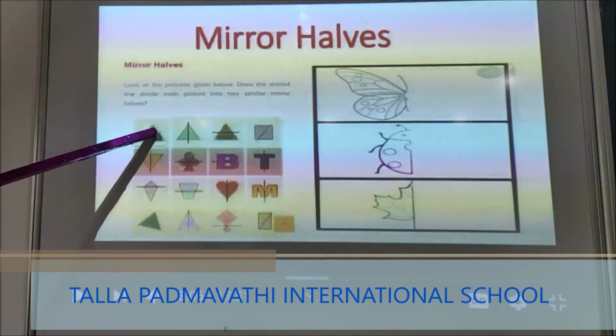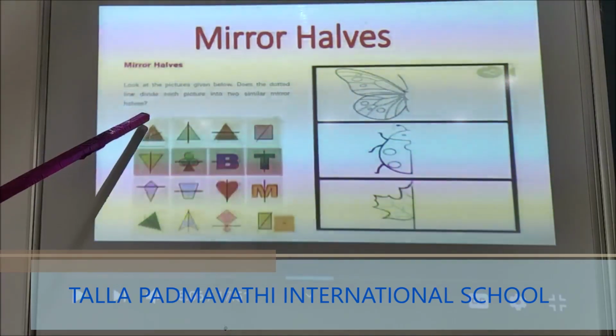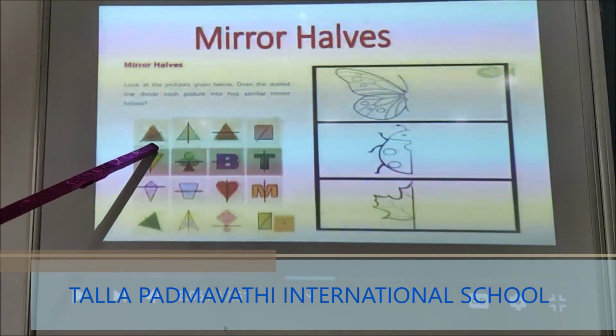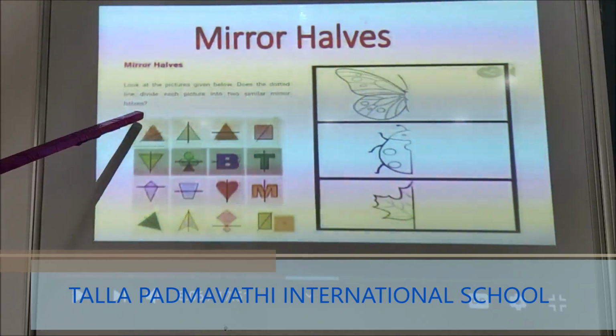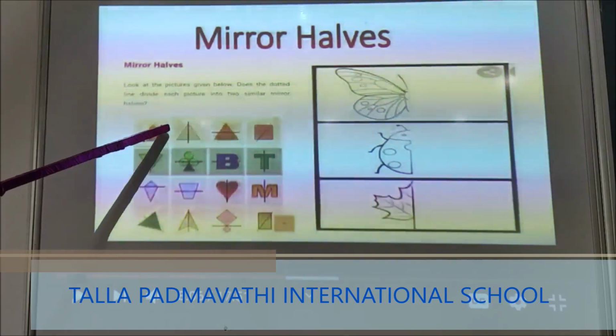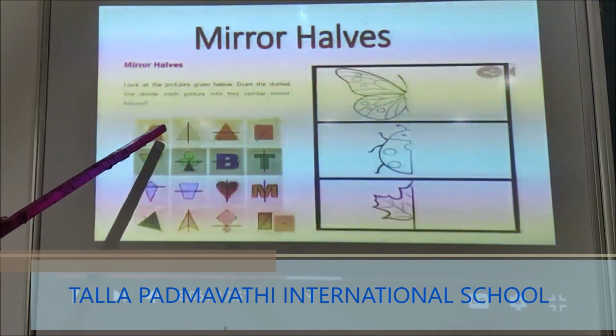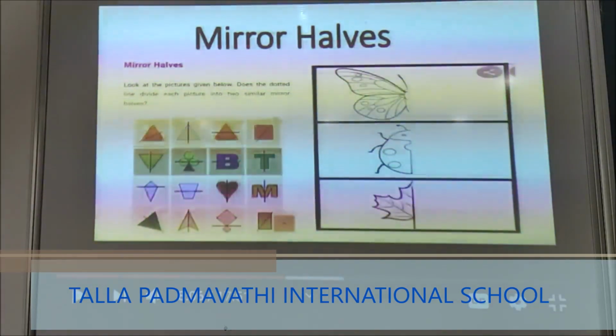A triangle is divided using a slanting line. Is it symmetric, children? Is it the mirror half? One half of the object should be the same as the other half of the object. Is it symmetric? Yes, this is symmetric. So we can say that the slanting line is the line of symmetry.